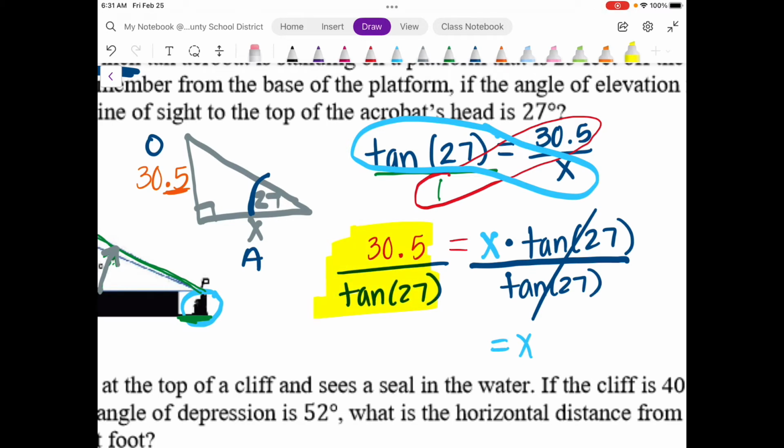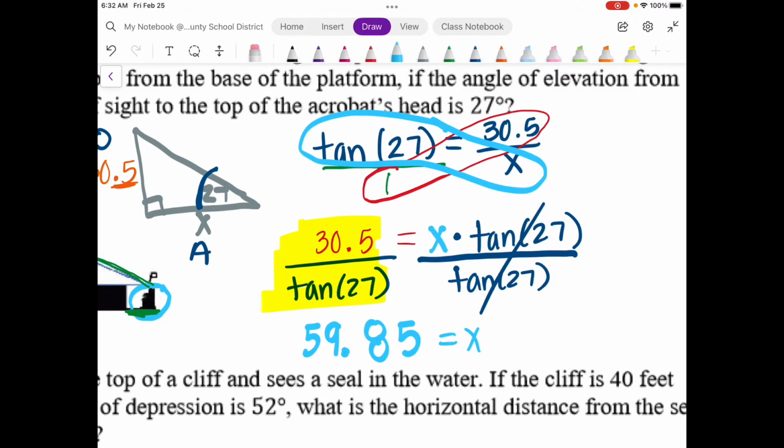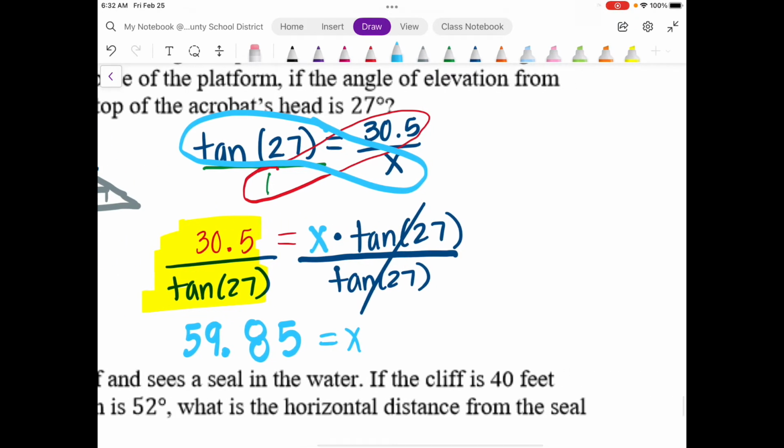If you just type 30.5 divided by tangent of 27, you are going to end up with 59.85, which rounds to 59.9. It doesn't necessarily say to round to a specific place, so I'm just going to round it to one decimal place, so I'm going to go with 59.9.